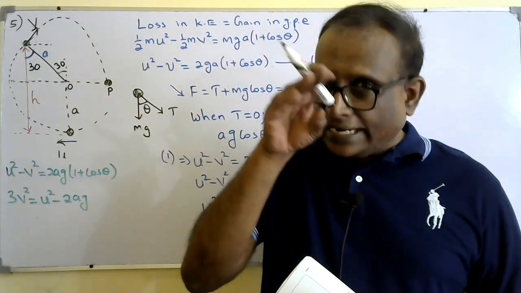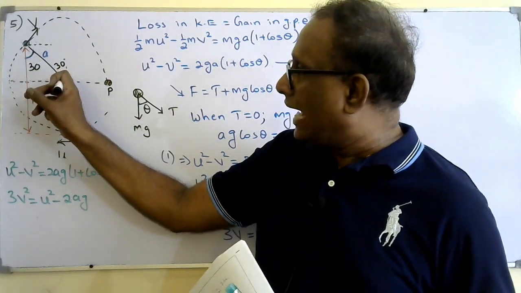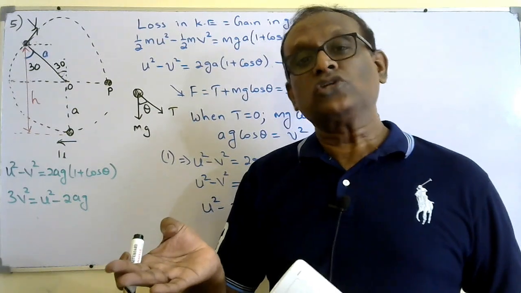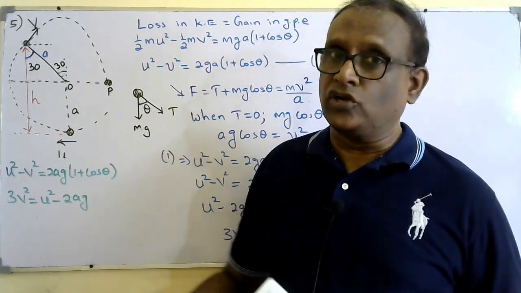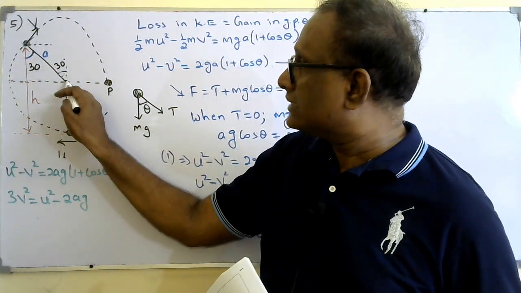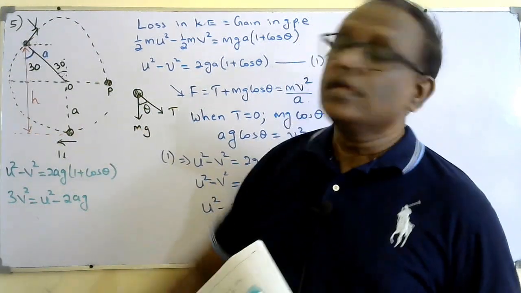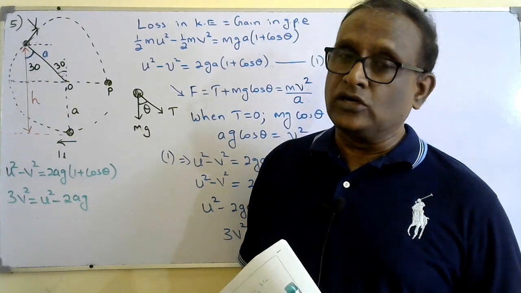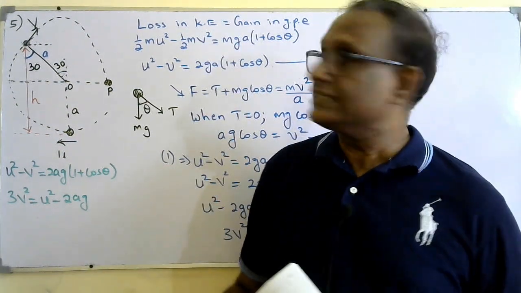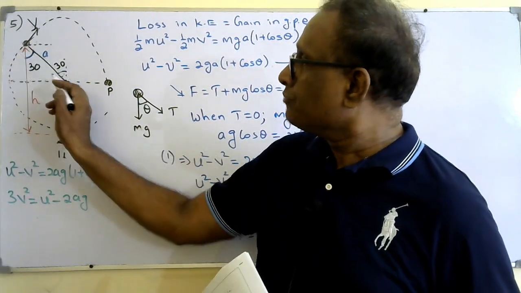Beyond that point, at the moment when the angle is 30 degrees, yes, it's on the circular path, but it's not going to follow it after that. It's going to follow projectile motion. At that time, the line that connects to the center and the velocity are perpendicular to each other, because when the particle moves on a circular path, the velocity is along the tangent. So this is 90 degrees, this is 30.